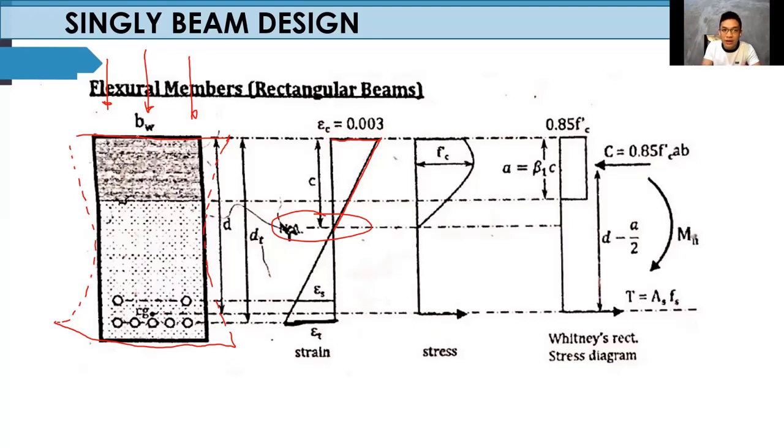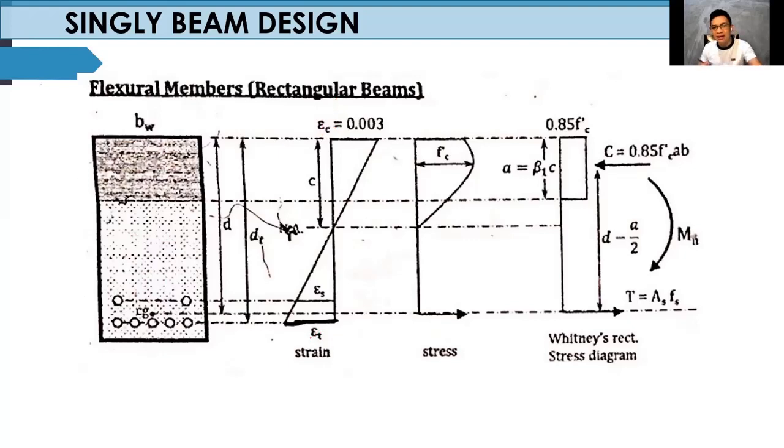That is fiber, one line fiber, maliit na strip. Then same din sa baba. Habang lumalayo tayo sa ating neutral axis is lumalaki yung strain natin. So this is our strain diagram. That is epsilon, denoted as Greek letter epsilon. So epsilon C, which is our compression, T is for tension.